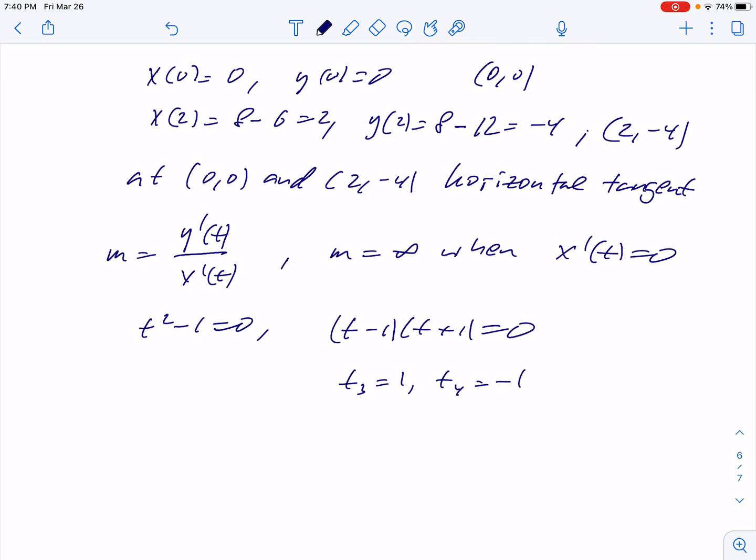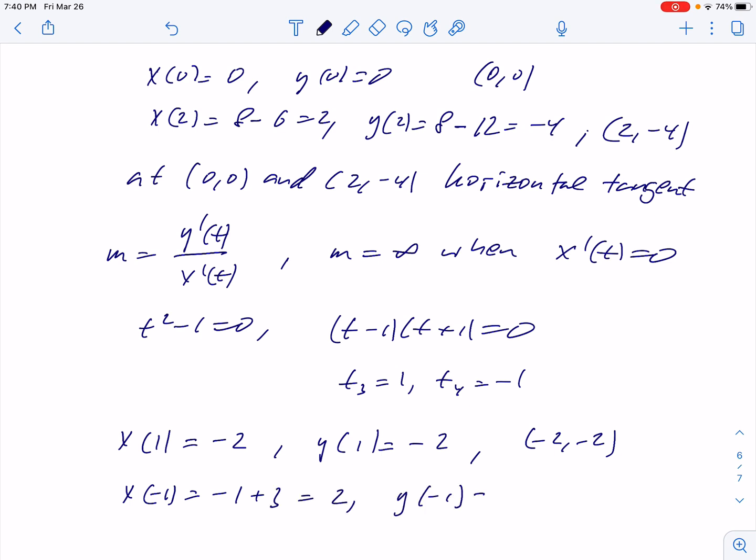Let's find the points. X of 1 will be 1 minus 3, which is negative 2. Y of 1 will be 1 minus 3, again negative 2. So we have the point (negative 2, negative 2). For negative 1, x of negative 1 will be negative 1 plus 3, which is 2.